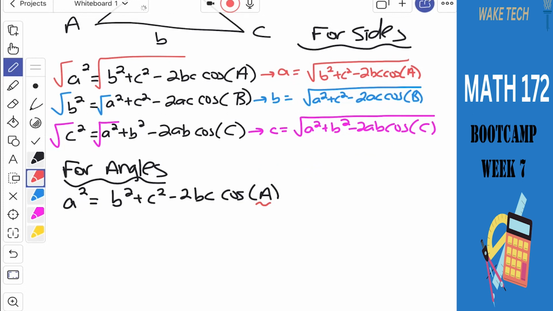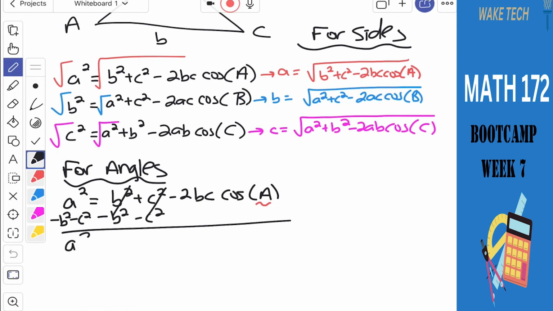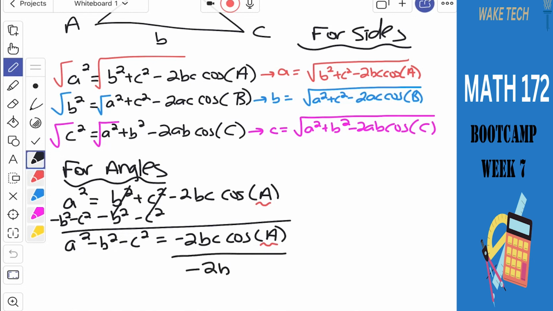In order to solve for angle A, what we would do first is subtract b squared and c squared from both sides. So that tells us that a squared minus b squared minus c squared equals negative 2bc cosine A. Again, just keep in mind we're trying to solve for angle A. So what I'll do next is to divide both sides by negative 2bc.